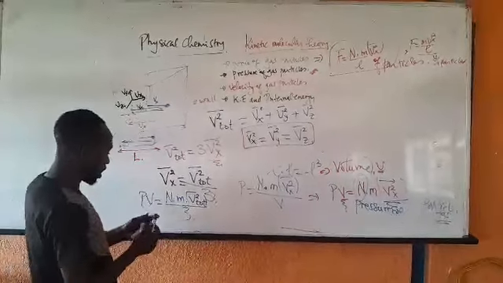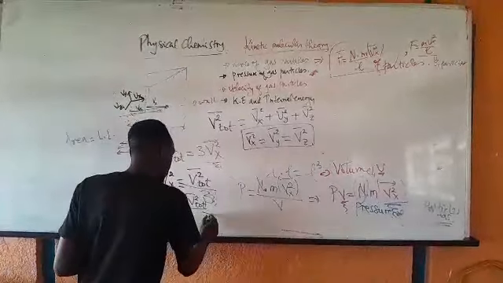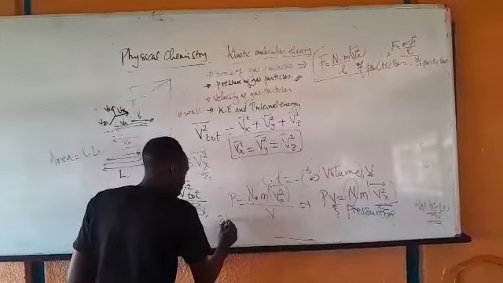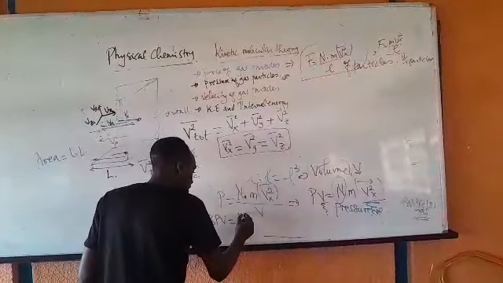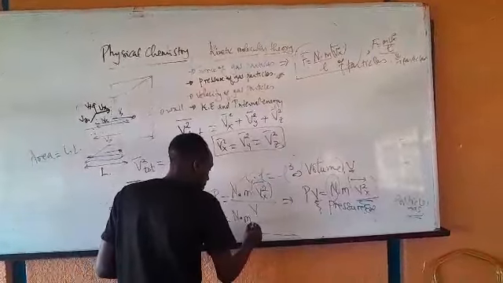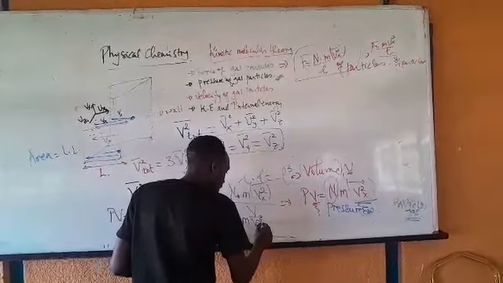Then that's where we get this formula: 3PV equals N m Vx squared.